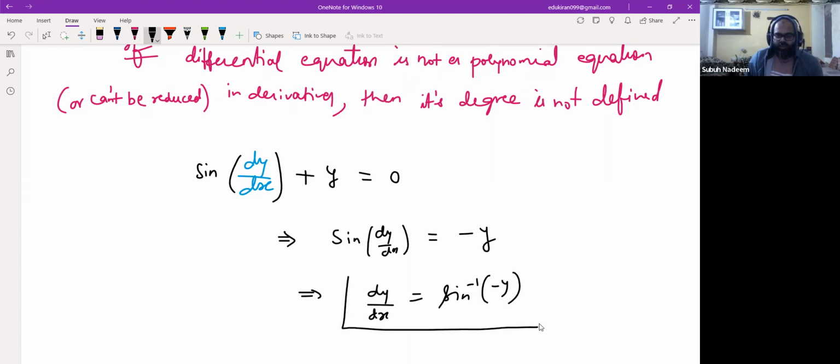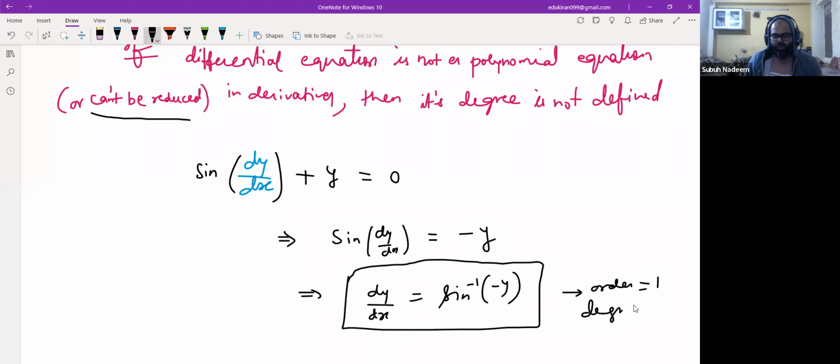So this is now a polynomial equation in derivatives, because the derivative is in polynomial form. So you can reduce it also. They have not written this sentence, but it is also to be noticed that if you can reduce it, then its degree is defined. So its order is 1, degree is 1.